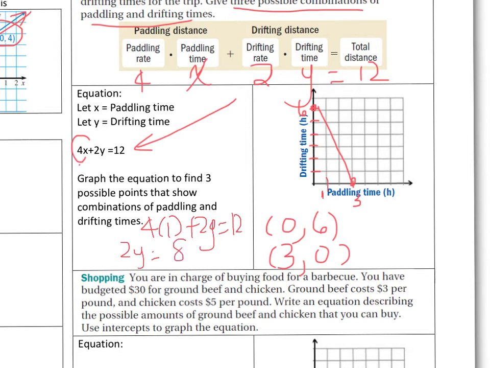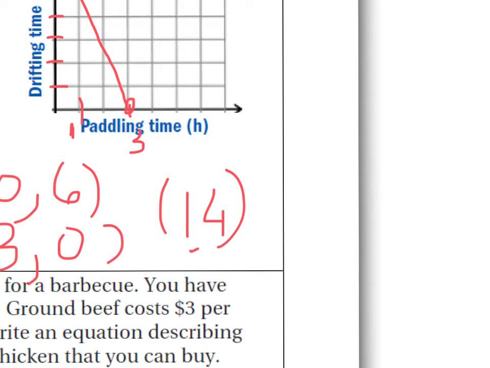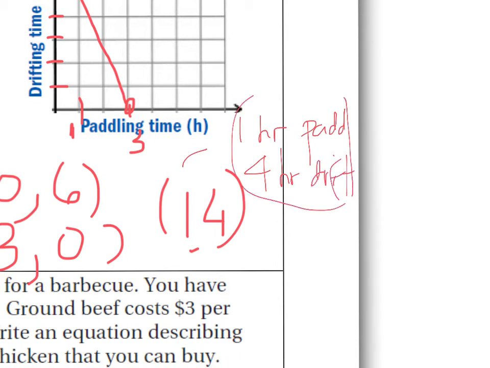And then y would be 4. It works out perfectly. So 1, 4. That's a third combination. So what does 1, 4 mean? So 1 would represent 1 hour of paddling time and 4 hours of drifting time. This would be the proper way to write your answer.